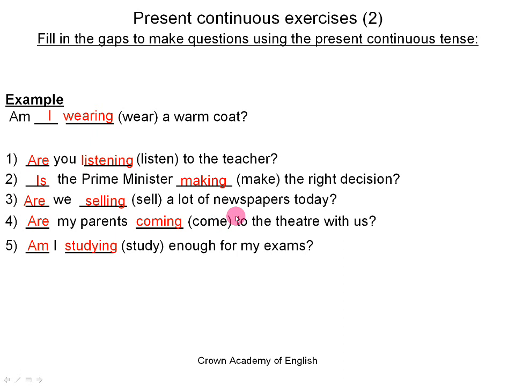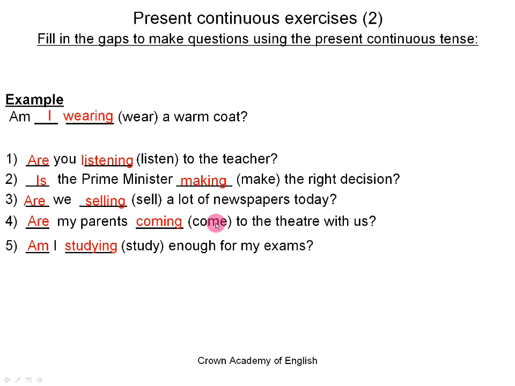And if you notice, the last letter is a letter E. So the rule is, if a verb ends in a letter E, we delete the letter E and then we add ing. That is one of the exceptions.